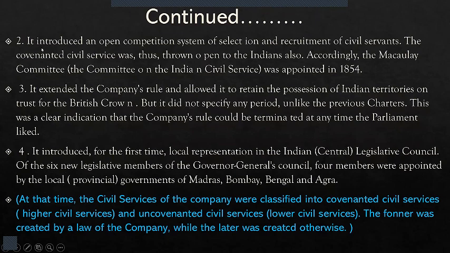So, the second feature is it introduced an open competition system for selection and recruitment of civil servants, like it is happening right now. The covenanted civil service was thus thrown open to the Indians also. So earlier, what used to happen, all the executive or administration level posts, everything were in British possession.